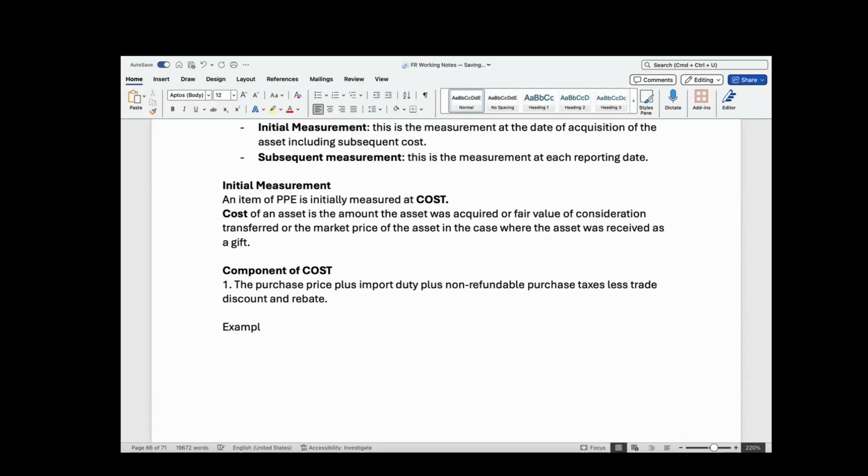So, example: let's say you bought an asset with a purchase price of 50,000. You get a discount of 5% if payment is made within a month.